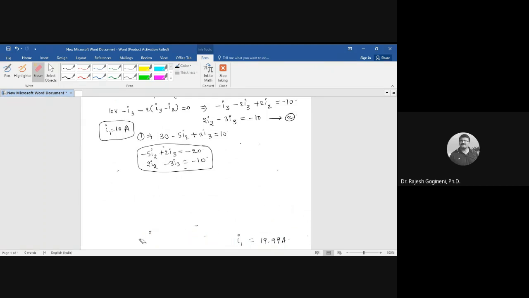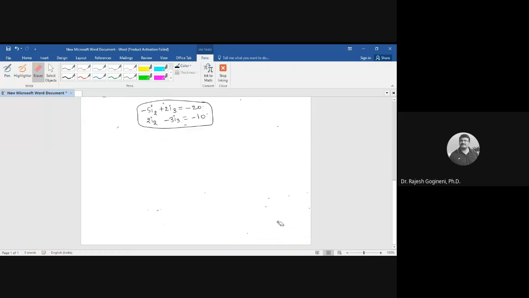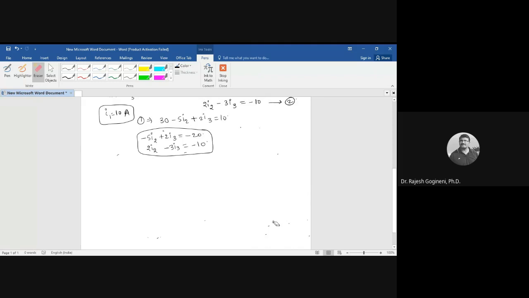Solve these two equations for I2 and I3 values. So multiply this with 2, this with minus 5. So minus 10 I1 plus 4 I3 is equal to minus 40.